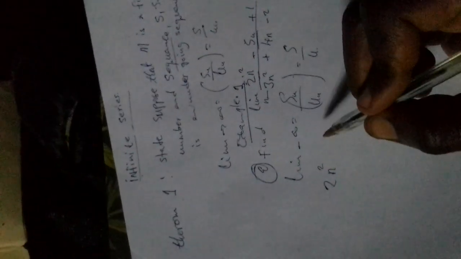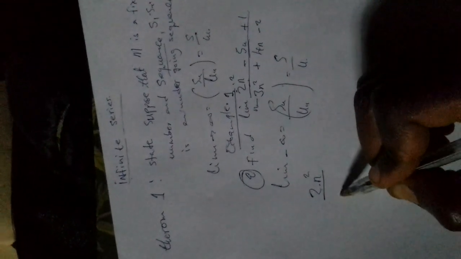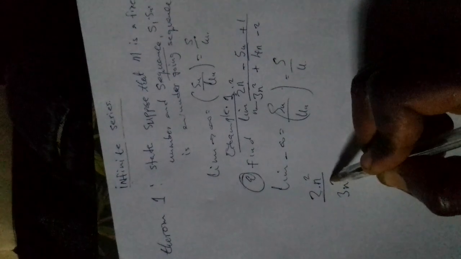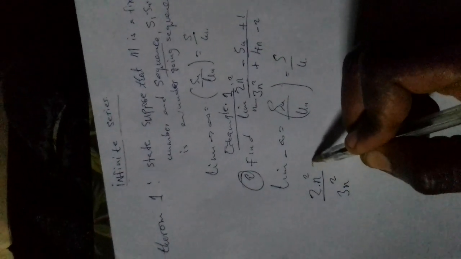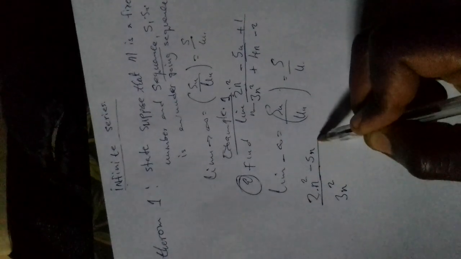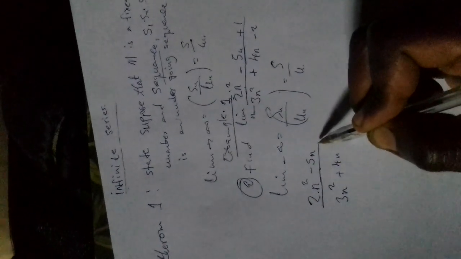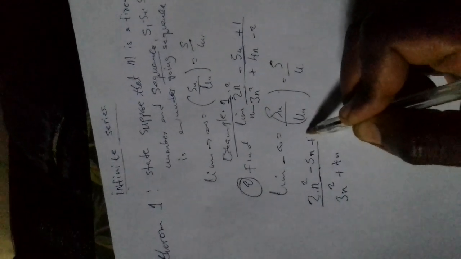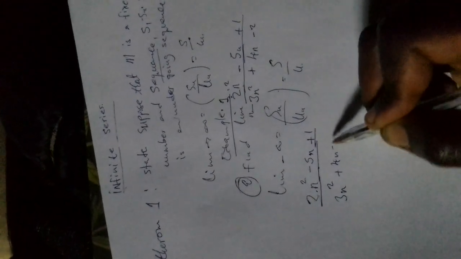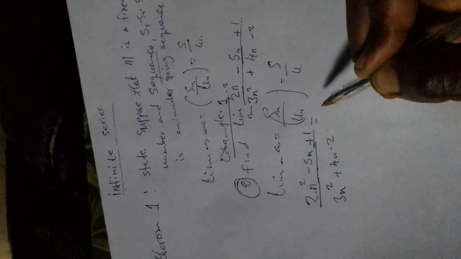You also put a line here: on top it's 2n squared minus 5n, and down it is 3n squared plus 4n minus 2. Now you write equals, solving.